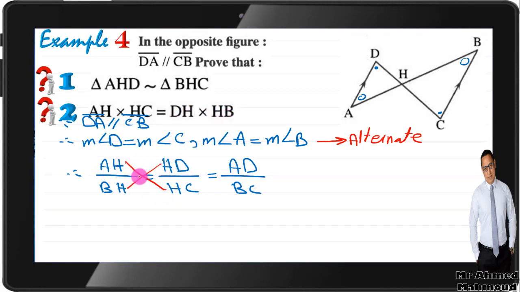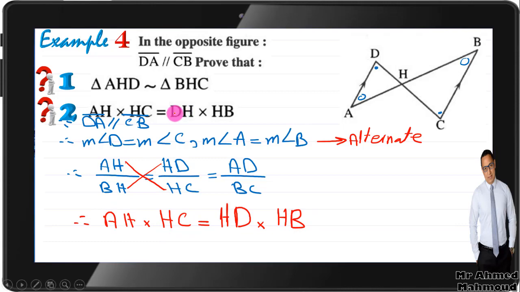So by using this step, by making cross multiplication, therefore AH times HC equals HD (or DH) times BH (or HB). This is the second required. Next question.